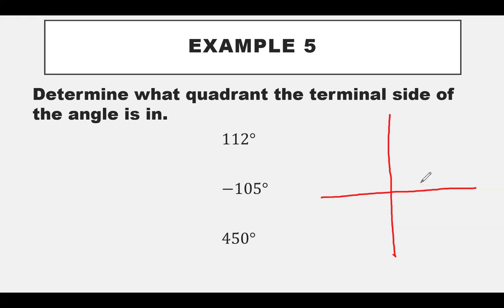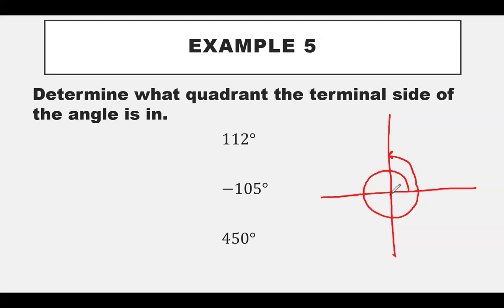Now, here's a little bit of a tricky one. 450. If we go 450 degrees, we've gone more than one time around the circle. When we get to one time around the circle, that's 360 degrees. And then we have to go an extra 90 degrees to hit 450.